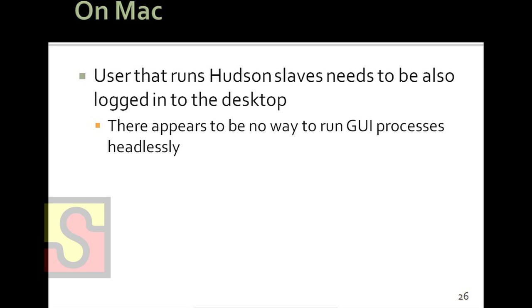Otherwise, they'll just fail. A native application like Safari just fails to show a window, and it breaks right away. So this forces you to go into those slaves and log in, and then again, those Macs won't be usable. This is a bummer, but that's how you have to run these slaves.